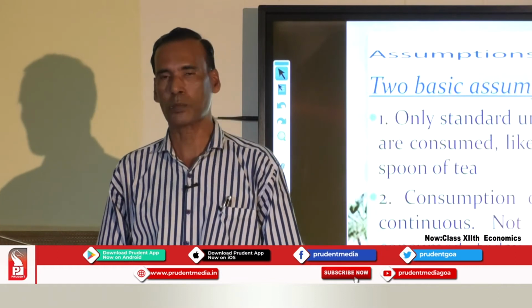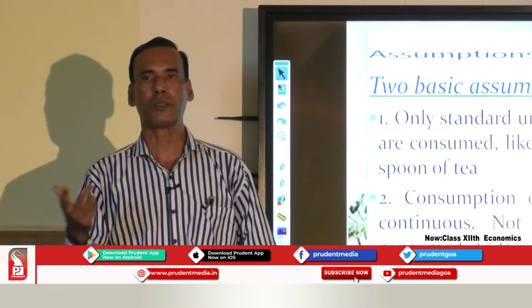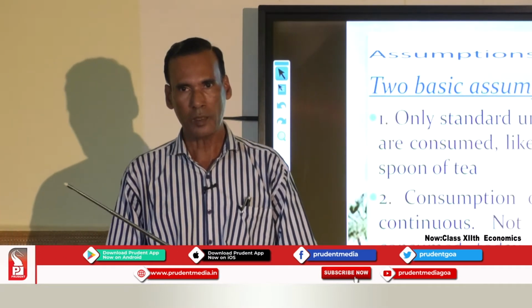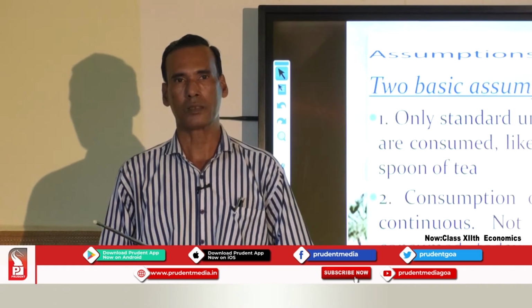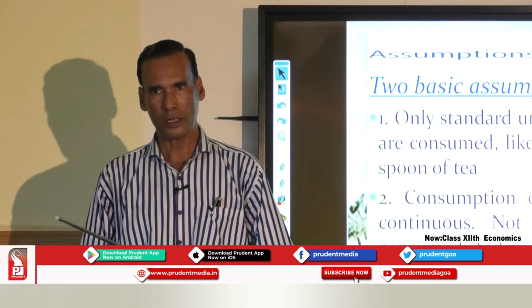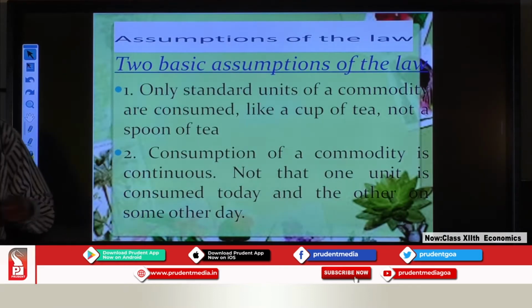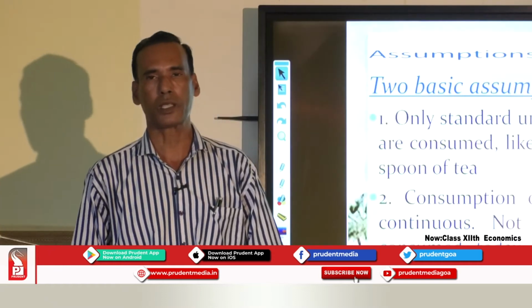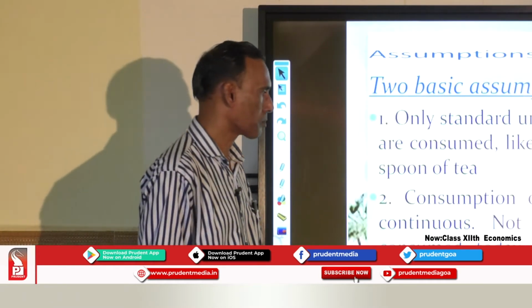When I explained the total utility, I told you that as and when we keep on consuming the commodity, after a certain period of time, you feel a dislike for that commodity and your utility goes on declining. So here, if your consumption is not continuous, then you will not experience that effect.